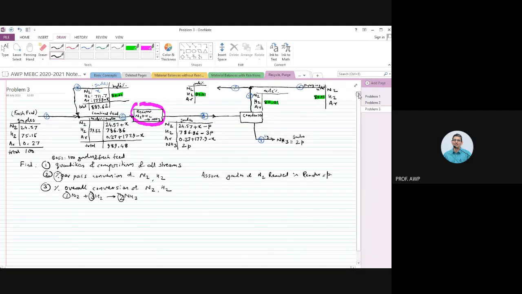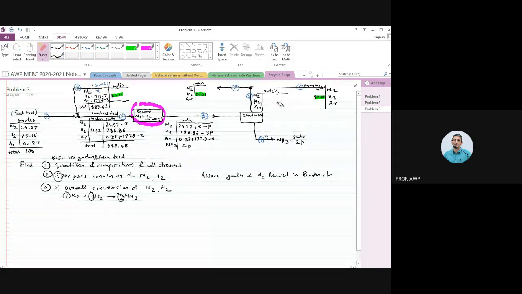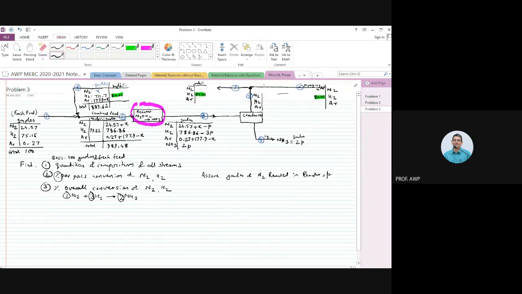Okay. Now let's go further, towards stream number 5. Stream number 5, in terms of gram moles, would be 24.57 plus X minus P. Hydrogen would be 786.86 minus 3P.